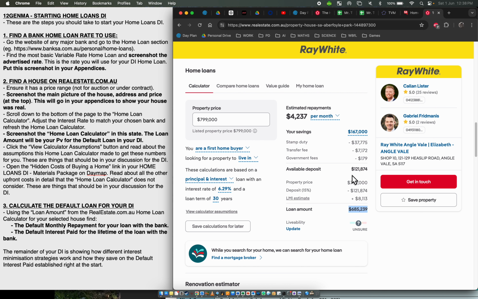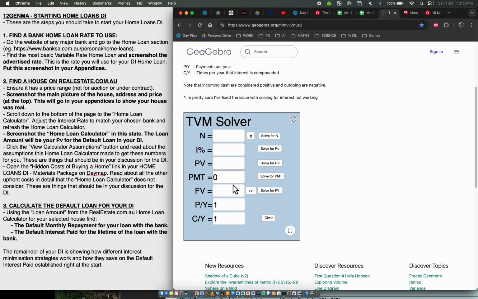but the important part that you need numbers-wise is this number here, 685,239, because the last step that you need to start your home loans DI is using the loan amount from realestate.com.au, which is this, 685,239. You need to find the default monthly repayment for your loan with the bank. So, TVM Solver, I've determined my PV is going to be that.